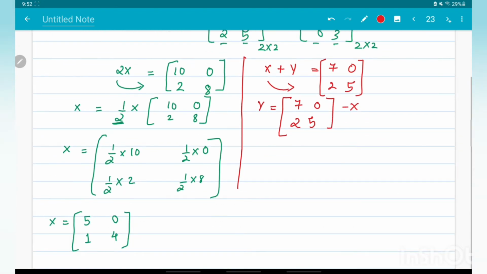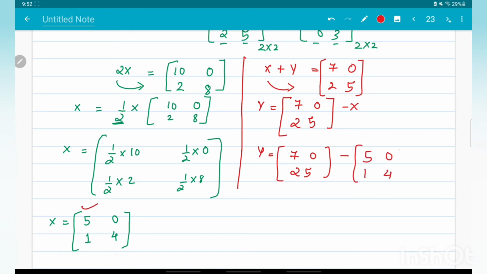Okay, so y is equal to this 7, 0, 2, 5 matrix, and we have found the value of x. X is this matrix, so we are going to substitute that matrix over here, and we are going to subtract the corresponding elements. Now both of these matrices are of order 2 by 2, so we can subtract. Now when I subtract, this becomes 7 minus 5.